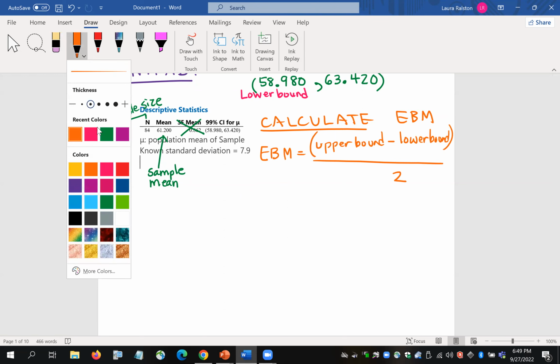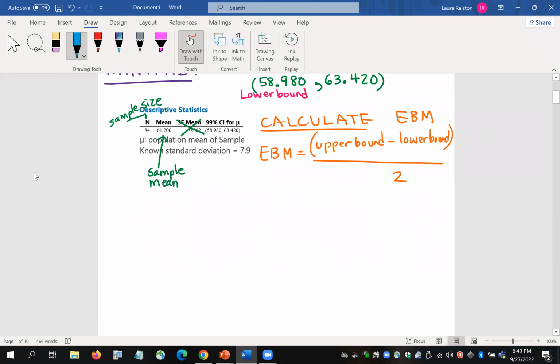It is a simple plug and chug calculation. So my error bound for the population mean is 63.420 minus 58.980, and that's divided by 2.